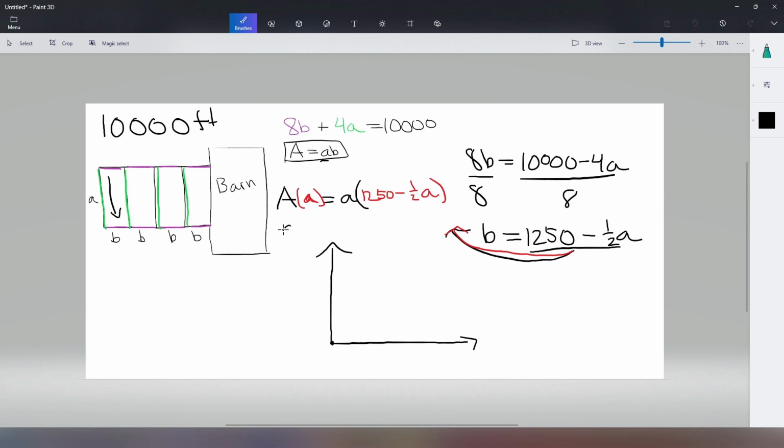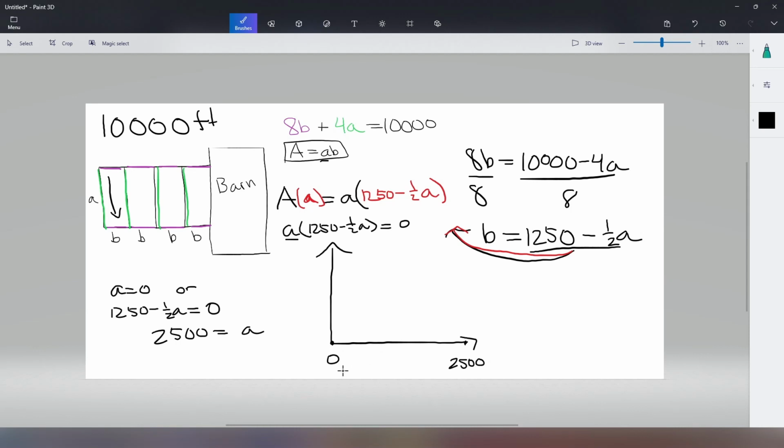If we solve for the zeros, we get A times 1250 minus 1/2 A equals 0. Either A equals 0 or 1250 minus 1/2 A equals 0. If we solve this out, we get 2500 equals A. Now we know that our 2 points are going to be 0 and 2500. These are going to be our zeros.